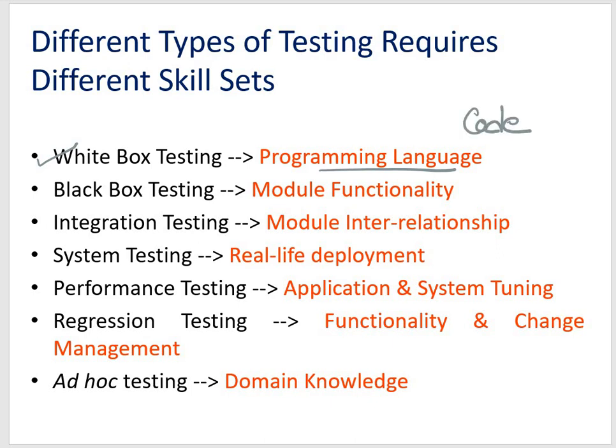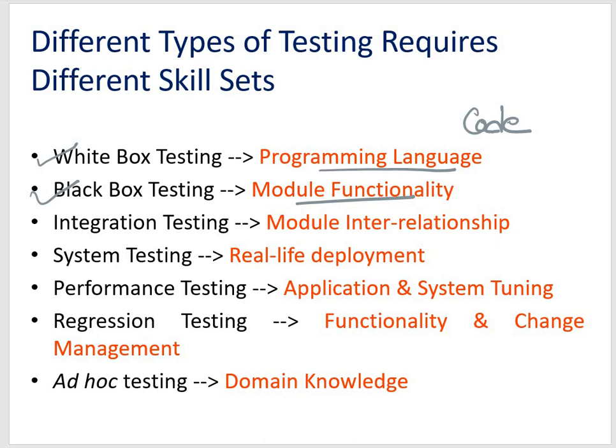In order to analyze it, I need to know the programming language in which the system is coded. And in case of black box testing, I need to have an idea about the module functionalities, the overall module and its function.